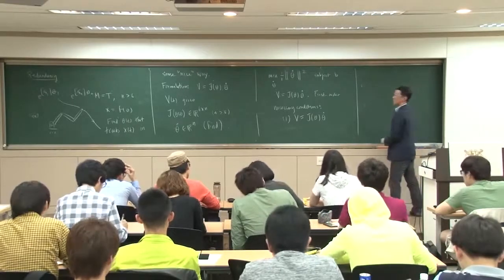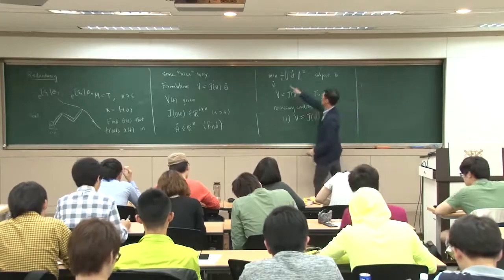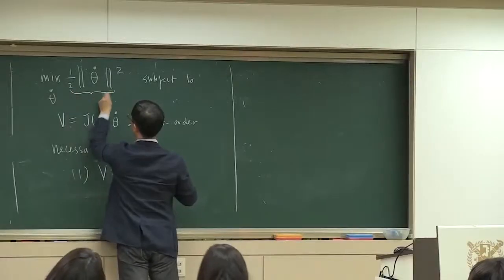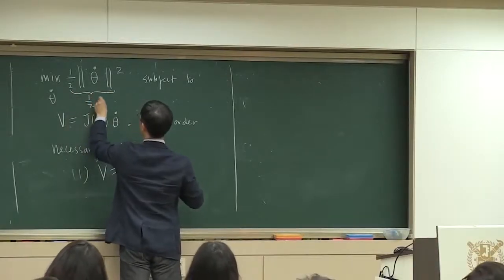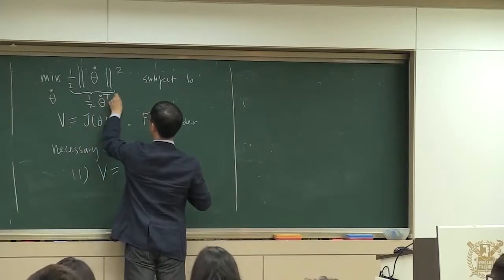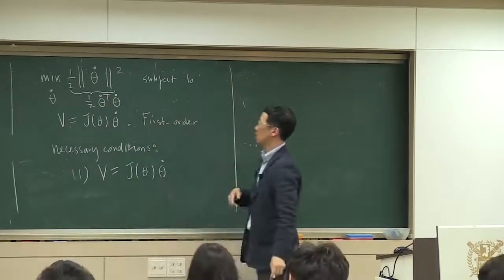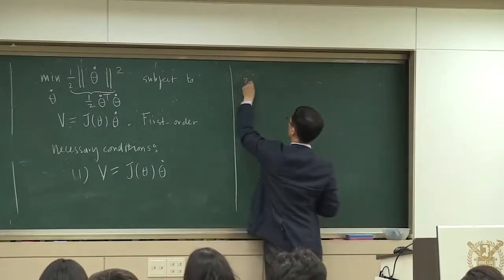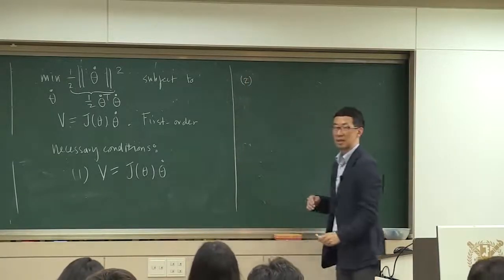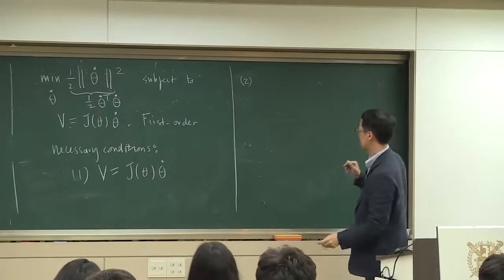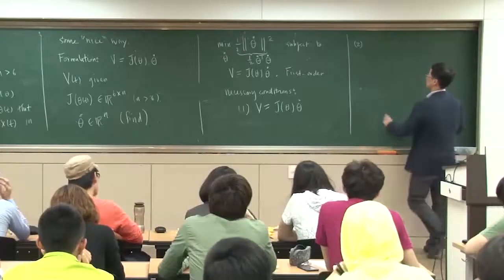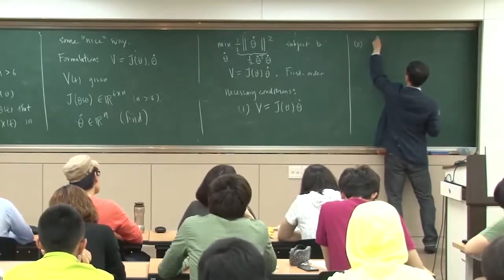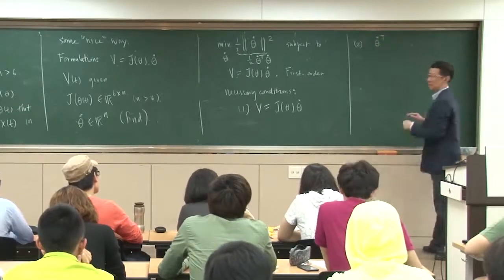Well, let's write this out. We can write this as 1/2 theta dot transpose theta dot. So the second condition, check your notes, is theta dot transpose. So you take derivatives now.